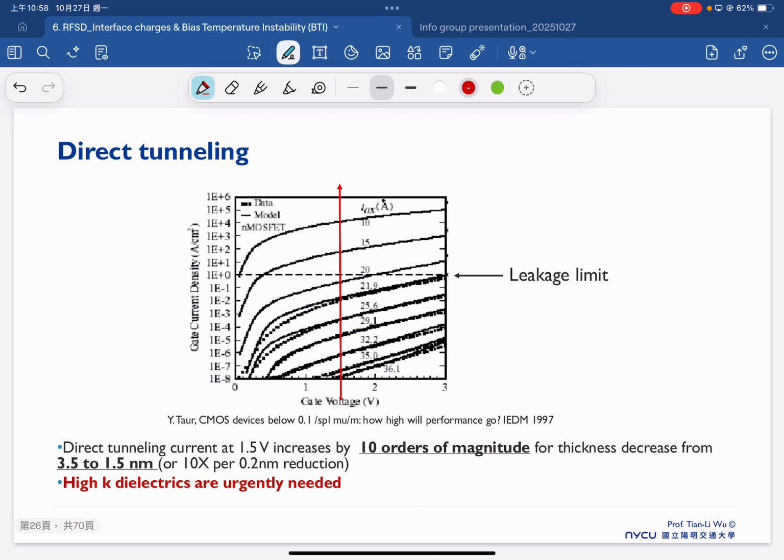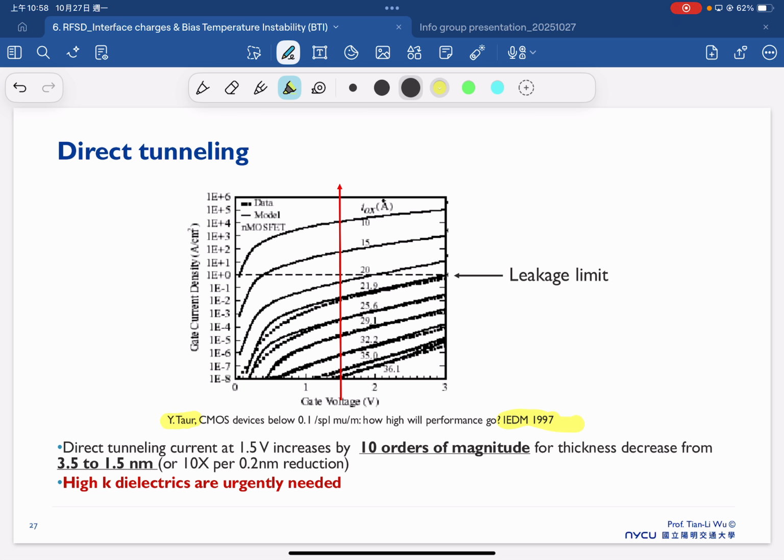So this is another very famous paper, although the figure quality is not that good, because this paper was published in 1997 by Professor Yuan Taur.